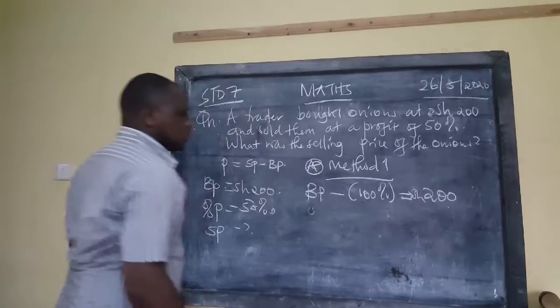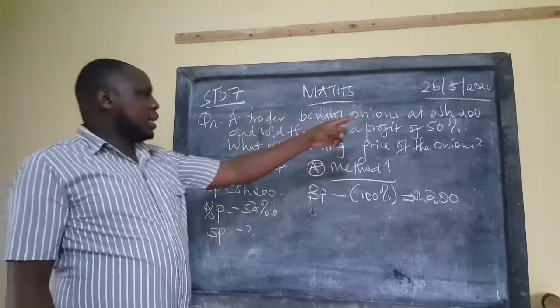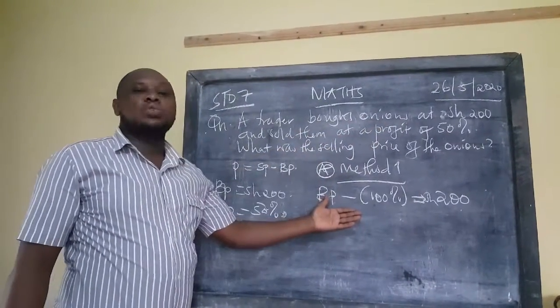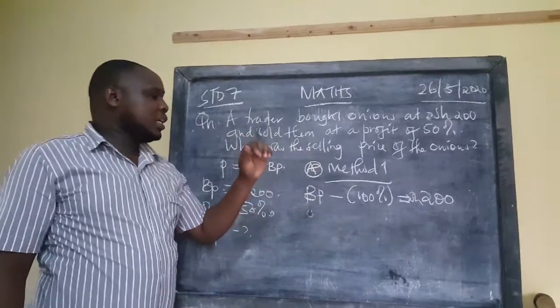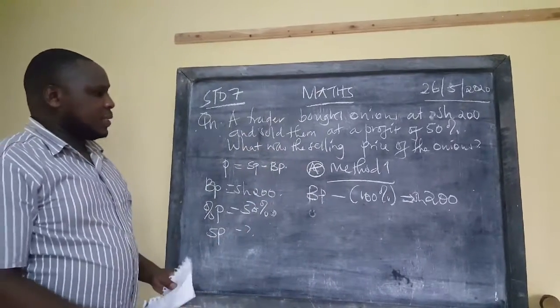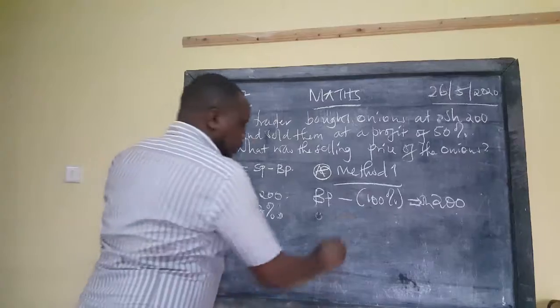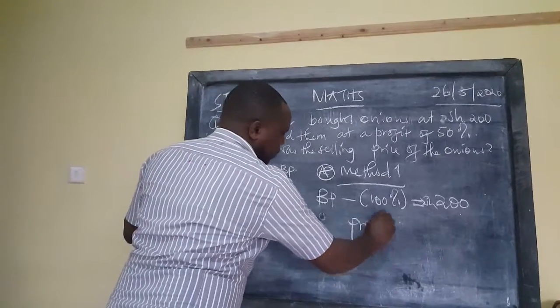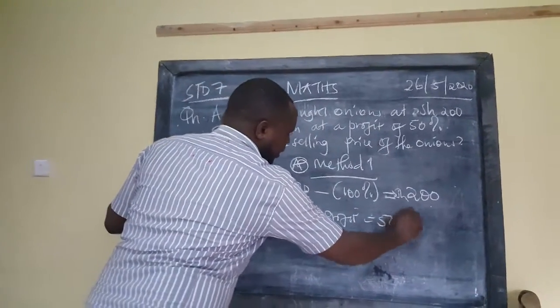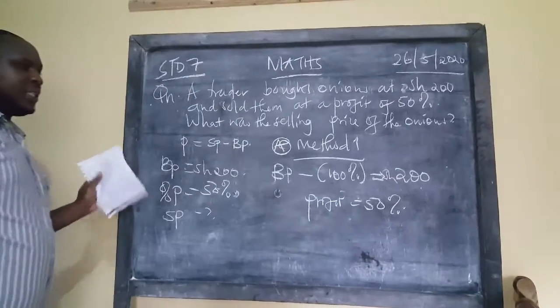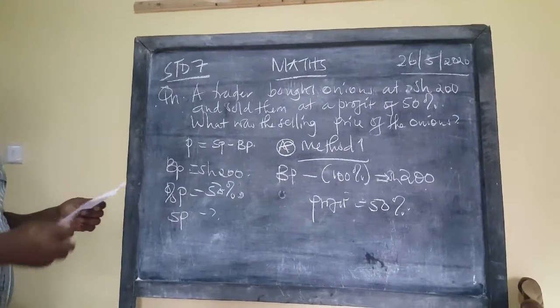As you can see there, he bought at 200 shillings and that was equivalent to 100%. The original price is always 100%. Profit is 50% of these 200.